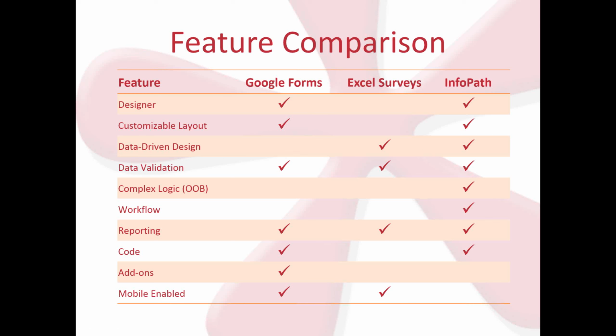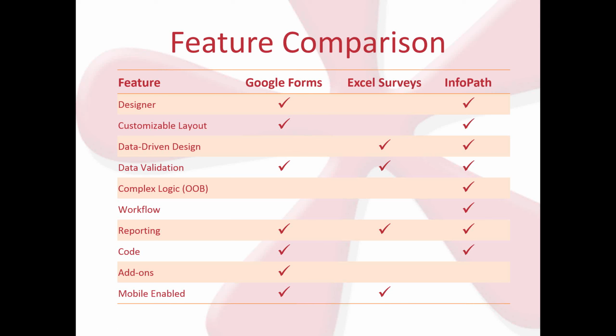Reporting is there. I've talked about that. Code: you can write your own code if you're not satisfied with what the designer provides when designing your Google Forms. You can go behind the scenes and write your own code, to those of you who know how. And I think they're using JavaScript for the language. We talked about add-ons and mobile-enabled Google Forms.